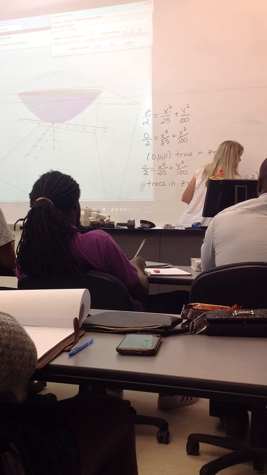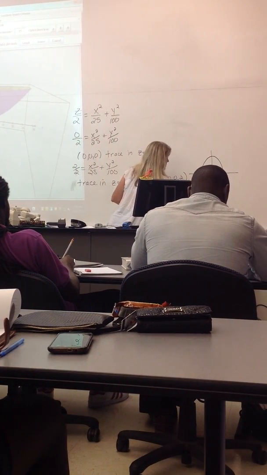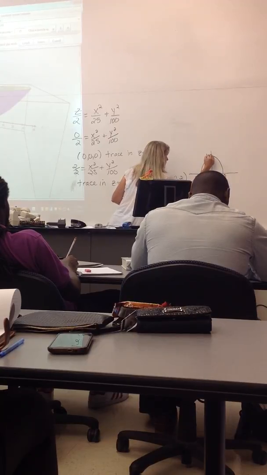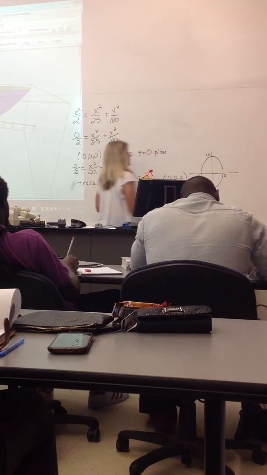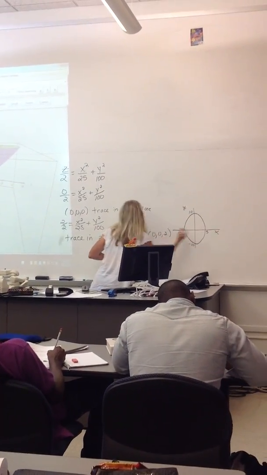We had a radius of 5 in the x direction, a radius of 10 in the y direction. So okay, it's kind of a quick way to write that out.